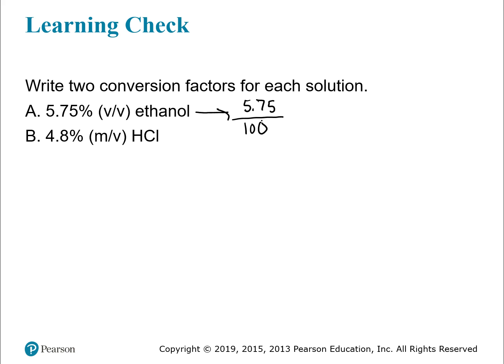But we need to assign what this really means. With volume to volume, we're talking about 5.75 milliliters of ethanol and 100 milliliters of solution. And that comes from knowing what volume by volume percent means. That's a conversion factor.